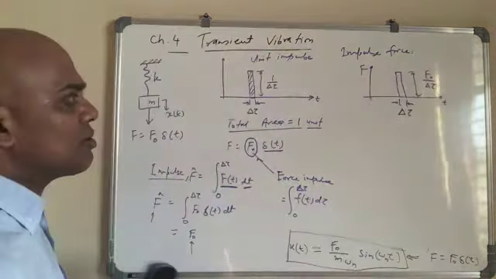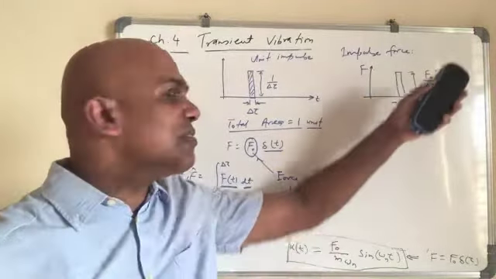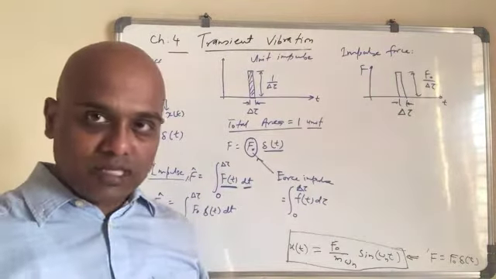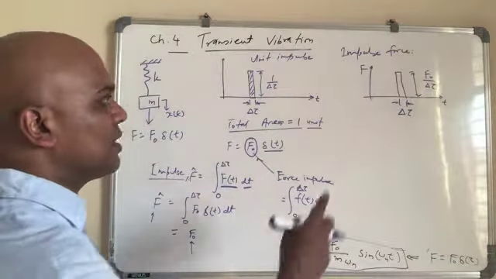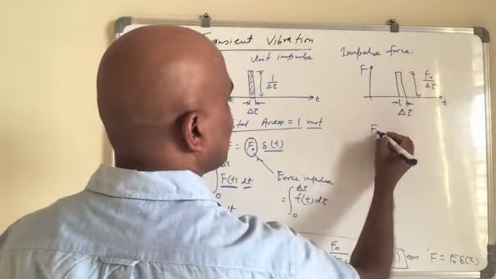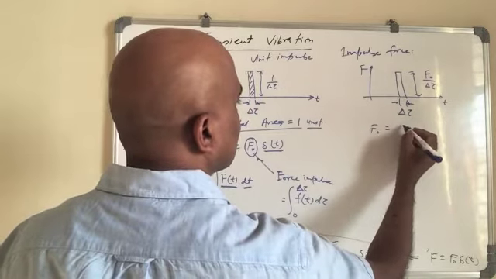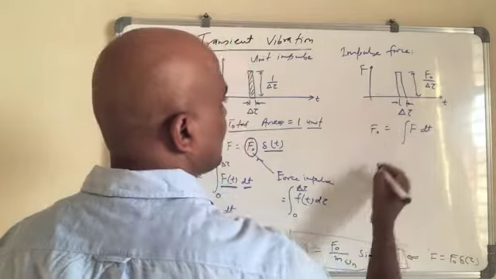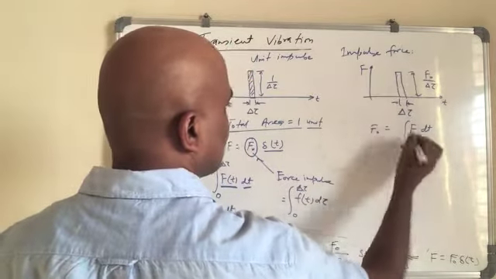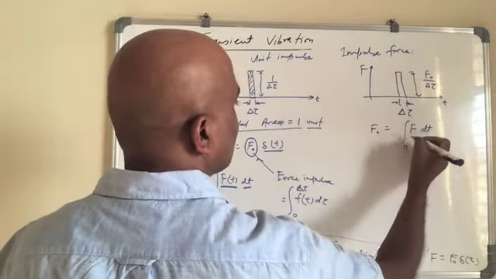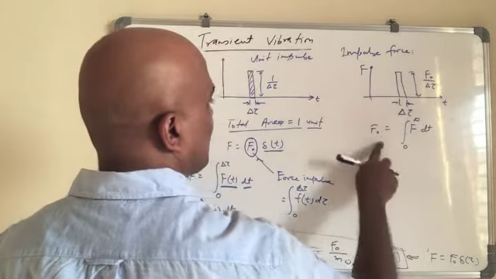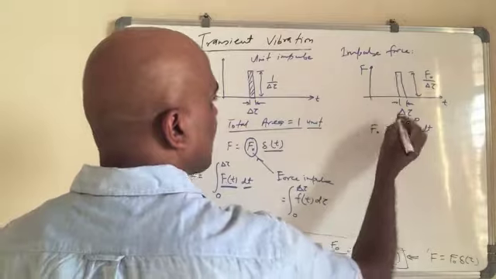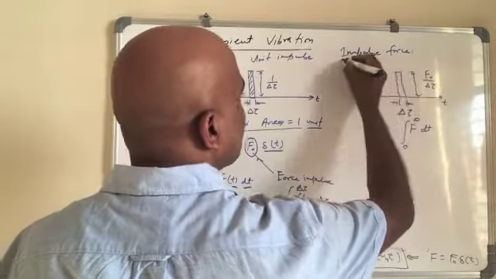If you integrate, you get F naught. So F naught is the force impulse, equal to the integral of F dt. In fact, in this case, even if you integrate from 0 to infinity you get F naught only. This is how an impulsive force is represented.